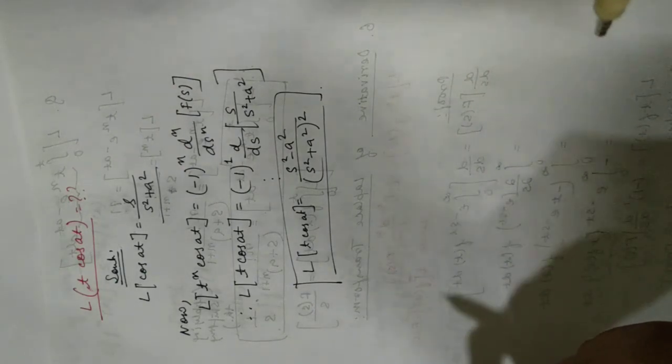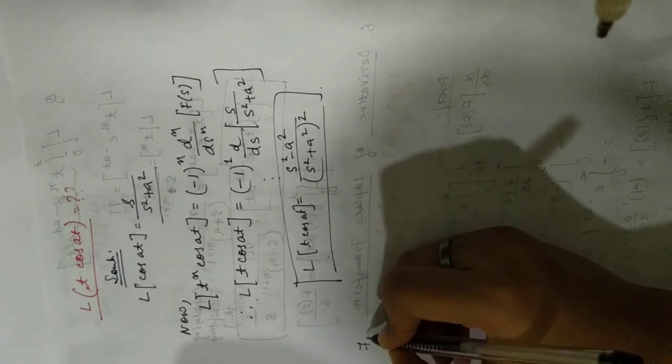Okay? So the last thing we are going to do today is the integral of Laplace transform. We have done the Laplace transform of derivative, Laplace transform of integral, derivative of Laplace transform, and now we are going to do the integral of Laplace transform.